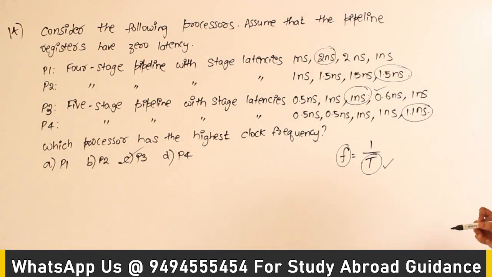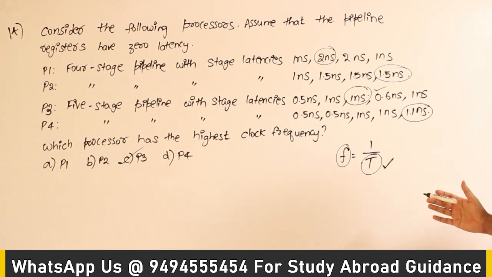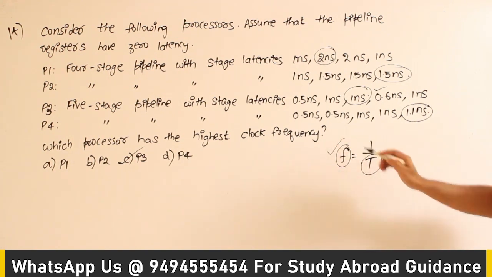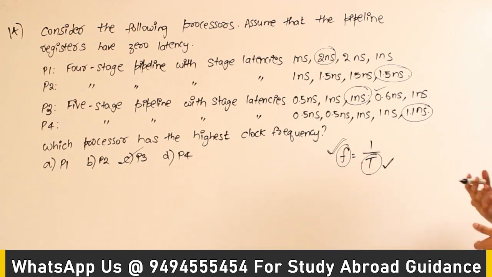So what does it mean? You need lower clock periods, which means higher clock frequency. Therefore you can associate higher clock frequency to higher speed processors. If the frequency of the clock is high, it means that the number of instructions that we can execute in 1 second is going to be high.